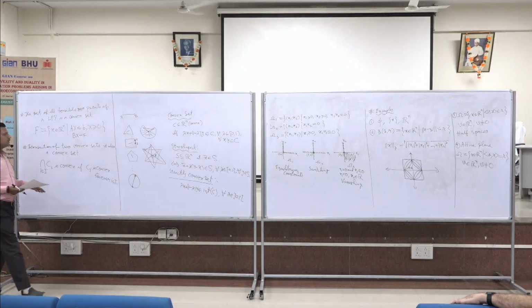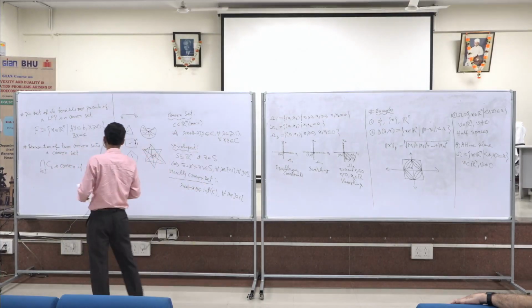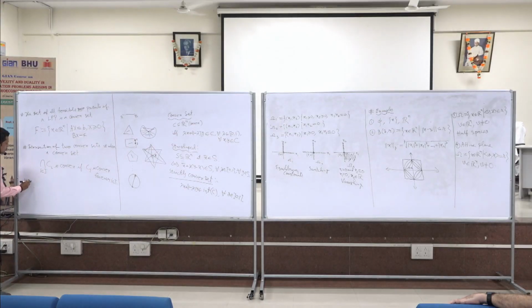But what about the union of convex sets?